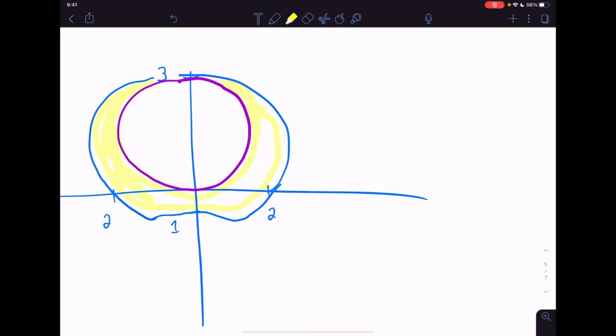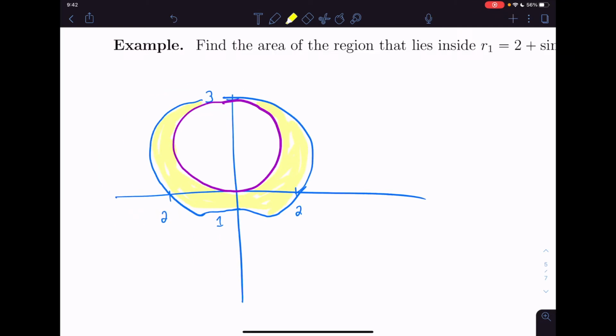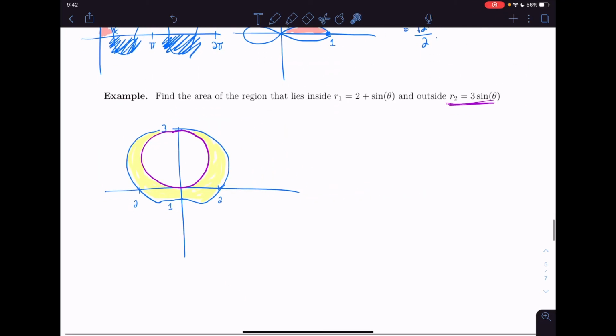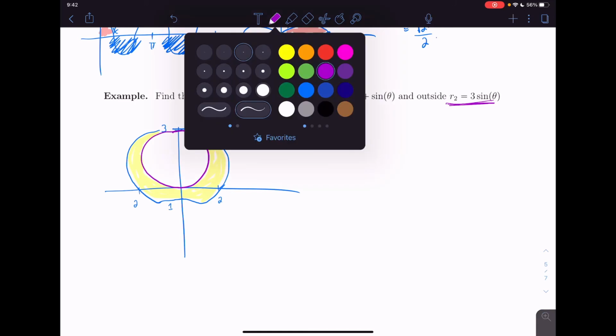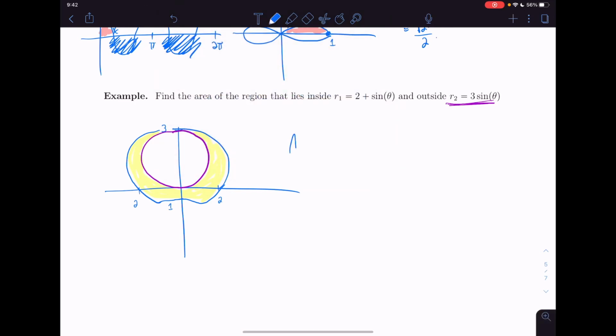This is deceptively simple to compute. The inside region is just a circle of diameter 3/2. So therefore, the area in question here is simply computed by taking the area of the dimple, which is traced out once from 0 to 2 pi.